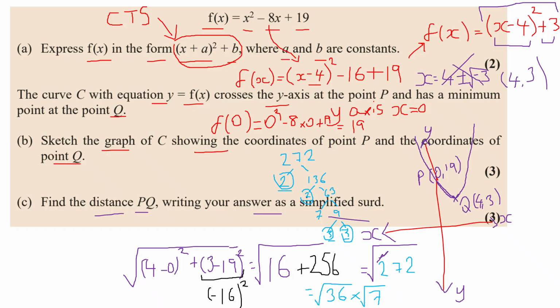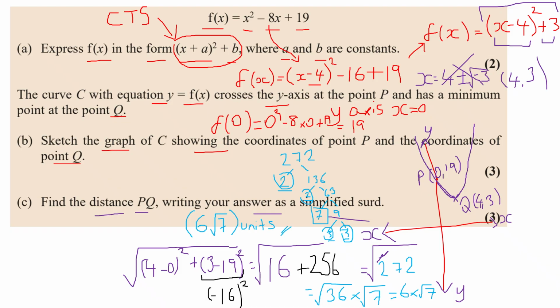If I multiply those together, I get 36. The number that is remaining is 7. So the square root of 36 is 6, and we have 6 times root 7, which is just 6 root 7. Units, looking at distance, as our fully simplified surd.